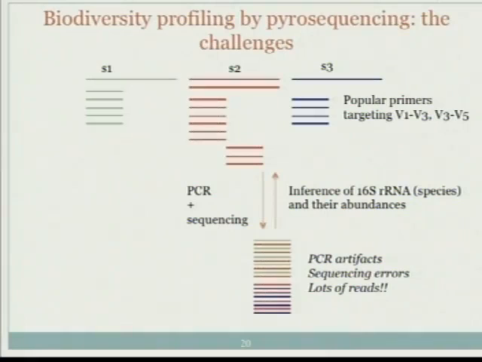Also you have a lot of noise. 454 probably has higher sequence errors as compared to Illumina. I don't know, maybe about the same. But they do cause a lot of problems. A 1% sequence error can cause a lot of problems because 16S genes, as I said, are so conserved. With a 1% difference, you may consider they're from different species.